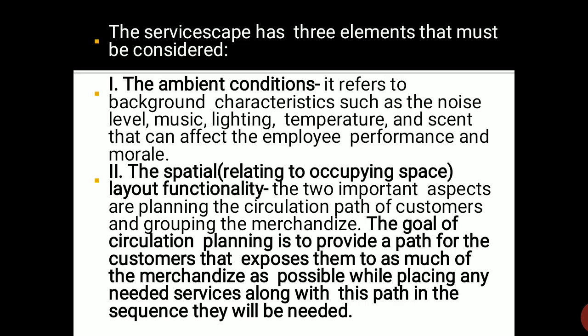Next is the spatial, written as SPATIAL, but we call it special, right? Special kind of layout functionality. Now what is this all about? It is relating to occupying the space. The two important aspects are planning the circulatory path of the customers and grouping of the merchandise.